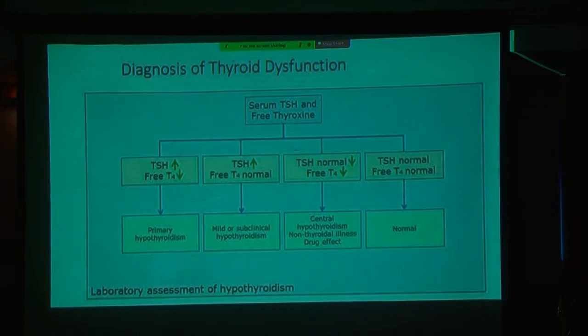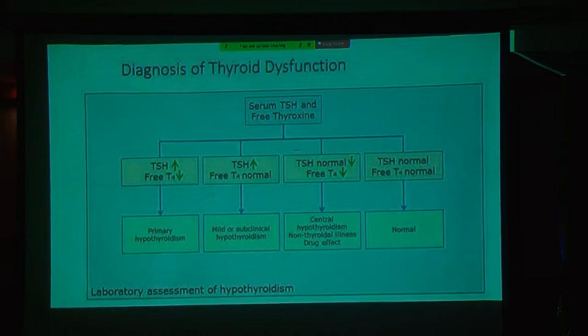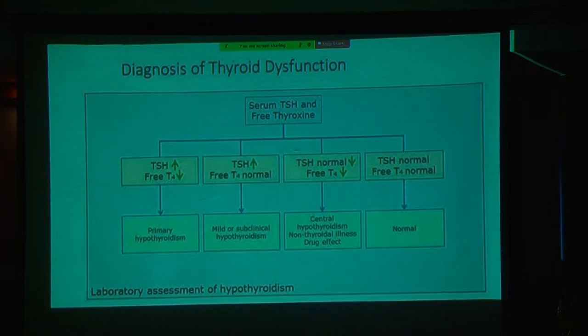If you find a patient with TSH low and T3, T4 low, you think the problem is higher up, in the pituitary or the hypothalamus. So it's a central cause. If you see a patient with T3, T4 low and TSH low, it is not primary hypothyroidism, the problem is in the pituitary.